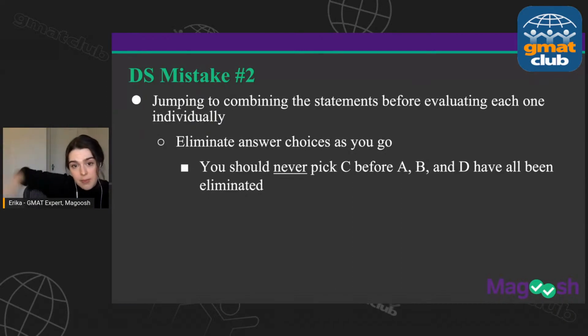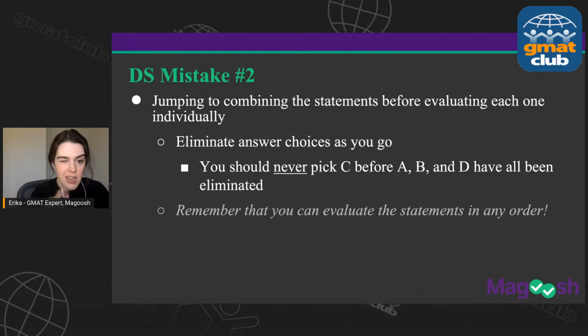Draw those lines down my paper, and then I cross them out down the columns as I go through individual questions. That helps me ensure that I'm following the same process of elimination for every question, and I'm not accidentally skipping to combining the statements before I've processed each statement individually. Hot tip.